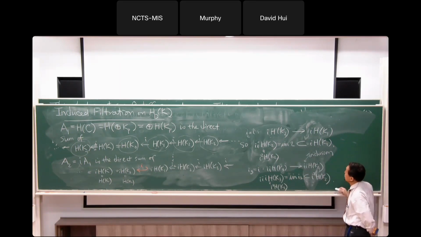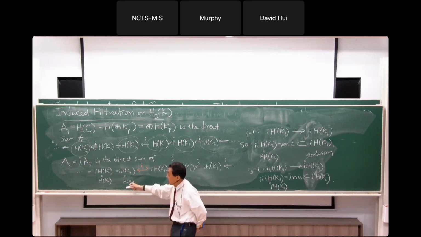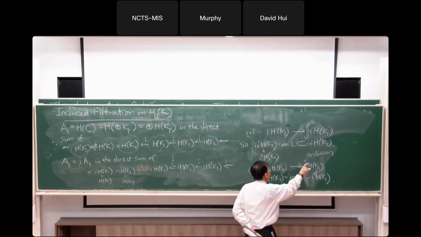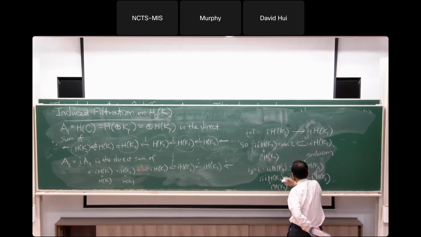What I'm saying is that you actually get a sequence of subgroups. You have H of K, and it contains as a subgroup I H K1, and then I H K1 contains as a subgroup I square H K2.